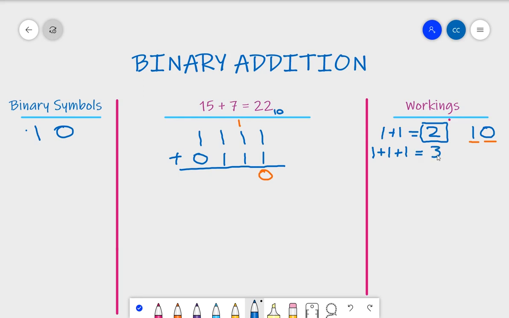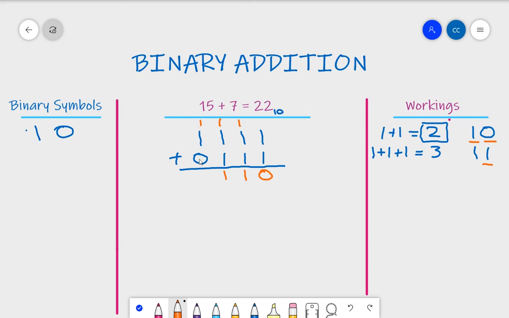But again, we don't have access to this 3 symbol, so we need to express it in a binary 3, which is 1, 1. So we write down what's in the right hand column, 1, and we carry what's in the left column. So 1 plus 1 again, which we know is a 3, so 1, 1.